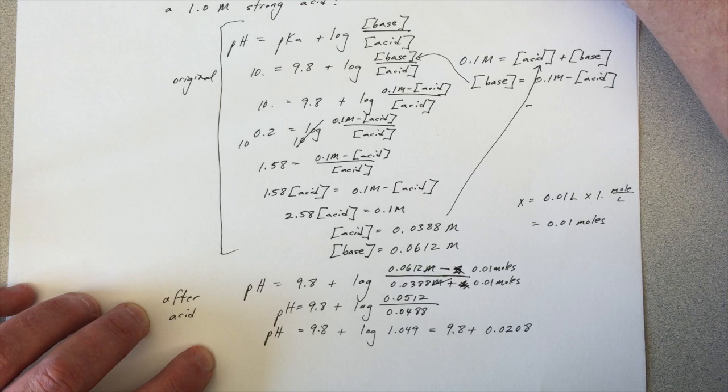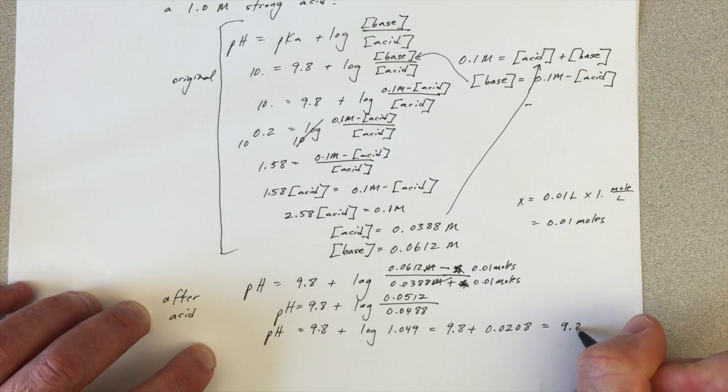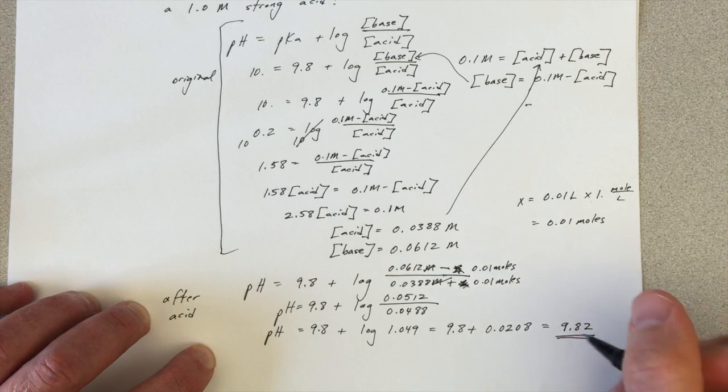So 9.8 plus 0.0208 equals 9.82. That is my new pH.